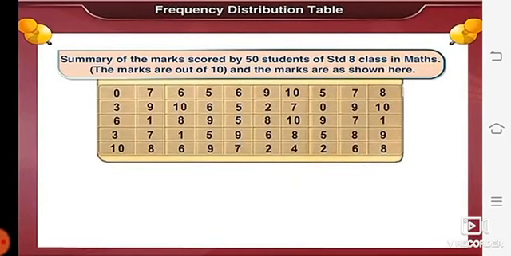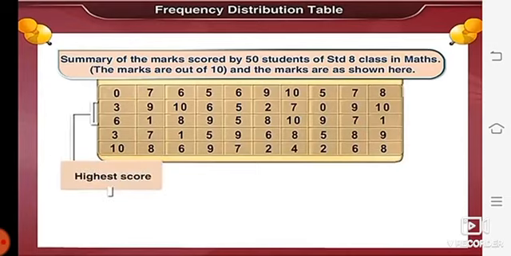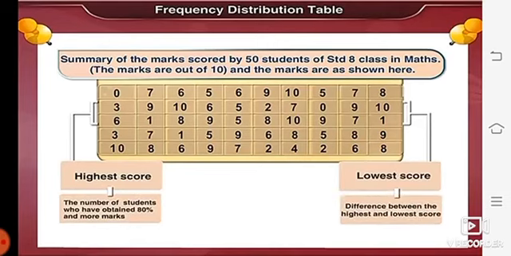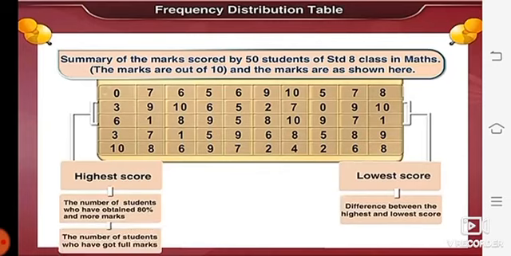Now I want to know the following information: highest score, lowest score, the number of students who have obtained 80% and more marks, the difference between the highest and lowest score, the number of students who have got full marks, and the number of students who have got marks between 5 and 9.